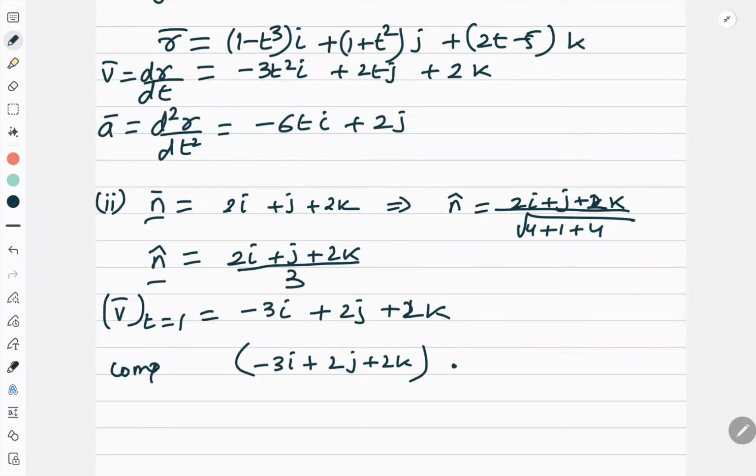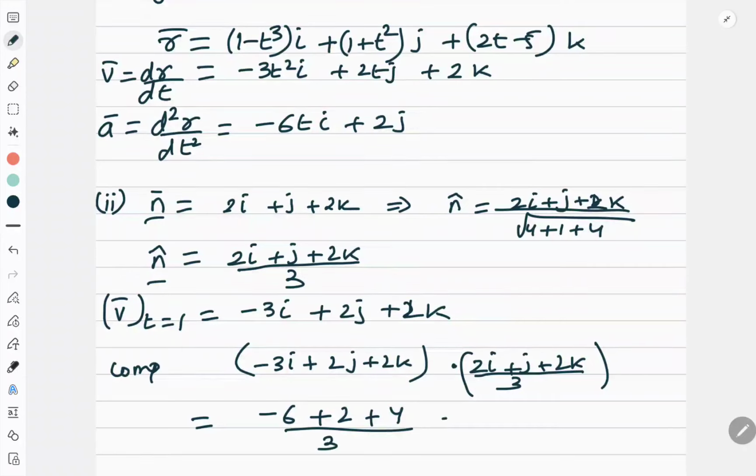So you should write 2i plus j plus 2k upon 3. Now how to do the dot product? Minus 6 plus 2 plus 4 upon 3. So this is 6 minus 4... the velocity component is 0. So in this direction the velocity component is 0.